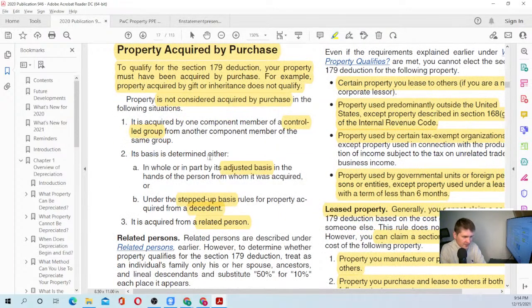It also doesn't qualify if its basis is determined in whole or in part by its adjusted basis in the hands of the person from whom it was acquired, or under stepped-up basis rules for property acquired from a decedent. So basically, if you got it not by purchase, or if you bought it from a related person, that won't qualify. So if you bought a car from your wife or from your husband for your business, that won't qualify.